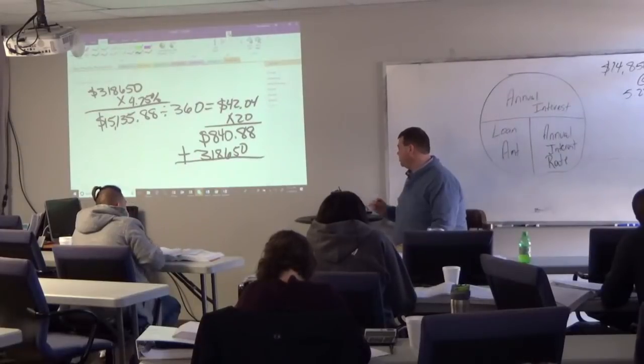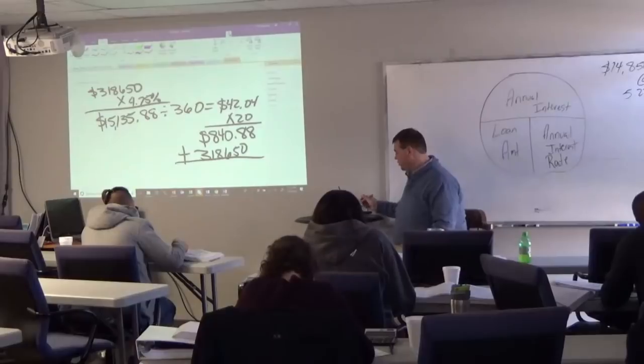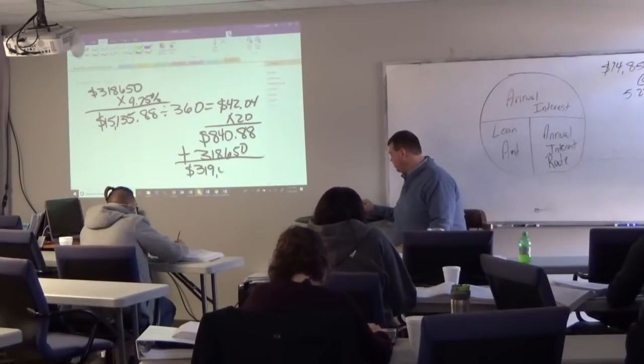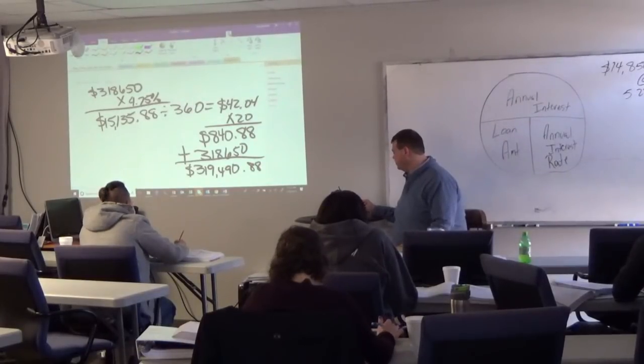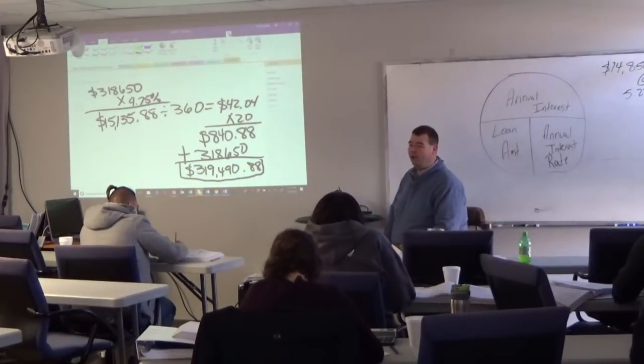So that person is going to have to pay off $319,490.88. That is going to be that mortgage payoff as of the 20th of December.